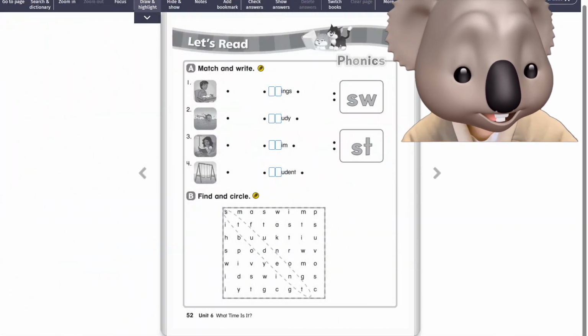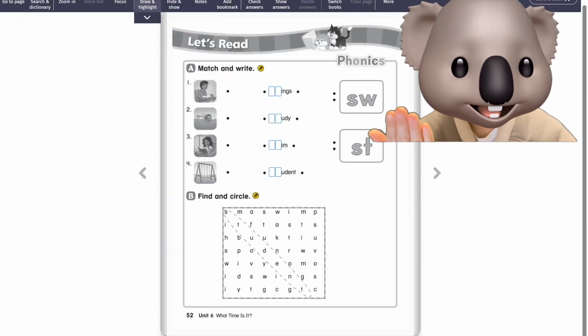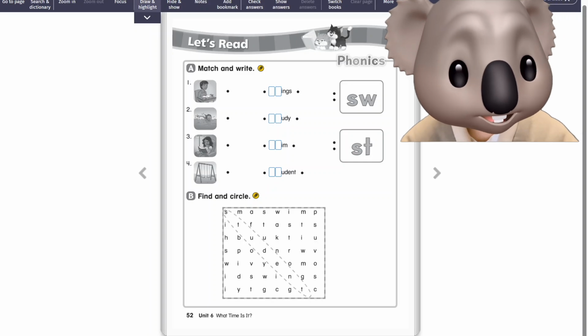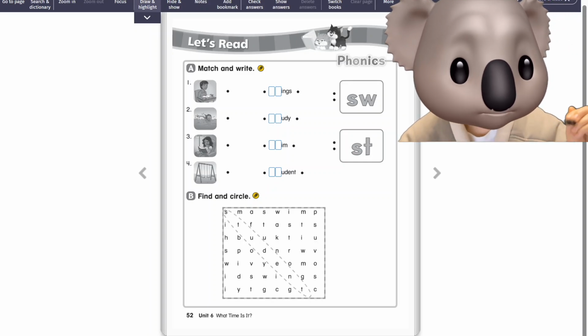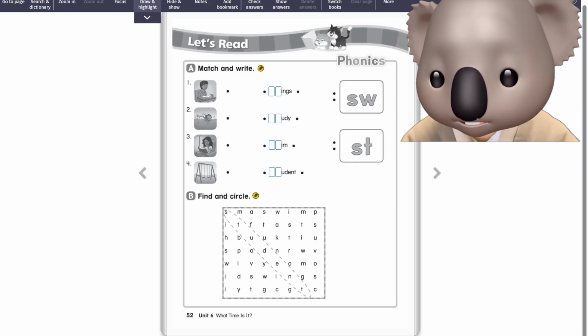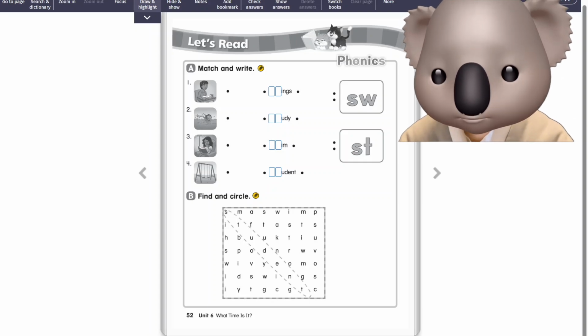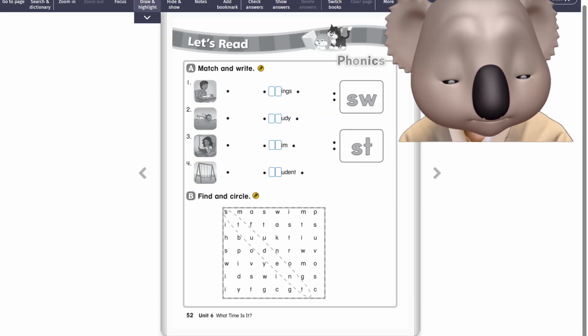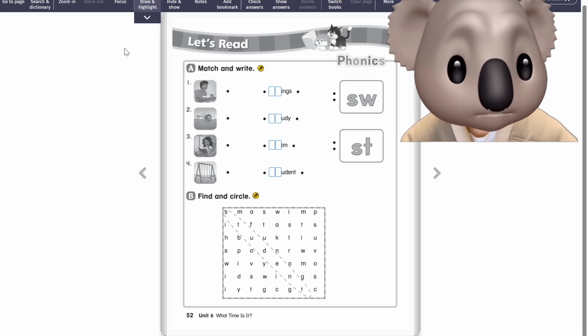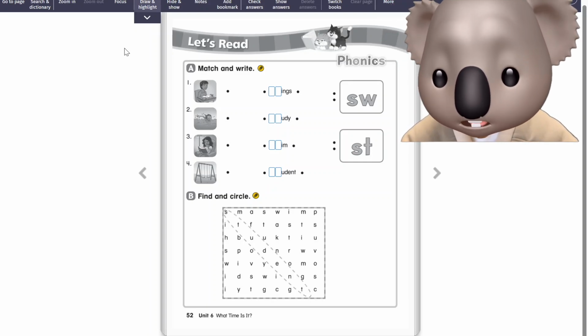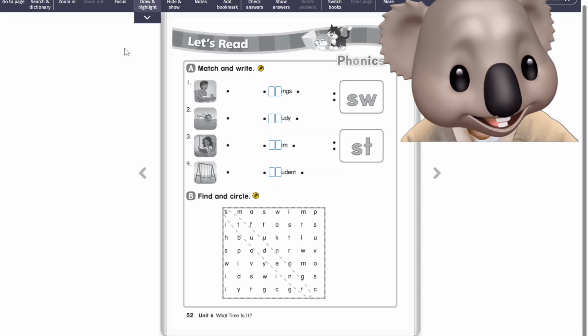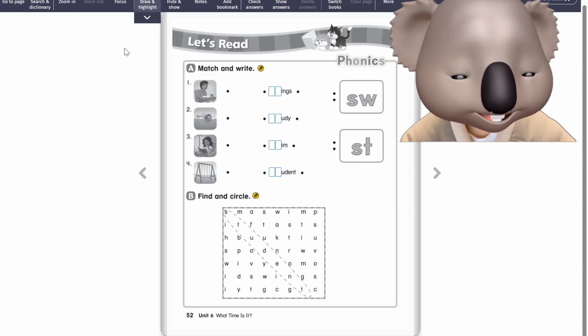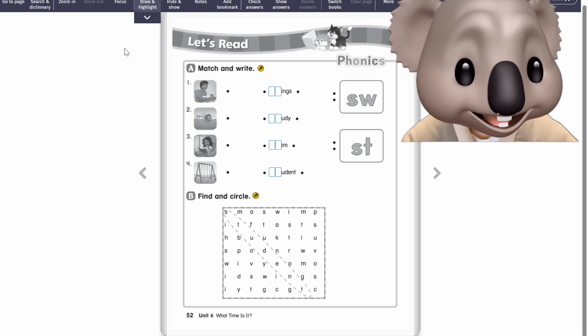On page 52, you will do this page by yourself. The directions say to match and write. In number 1, you will match the picture to the word. The words will start with SW or ST. In number 1, we see a picture of a 학생. What's the word for 학생? Student.